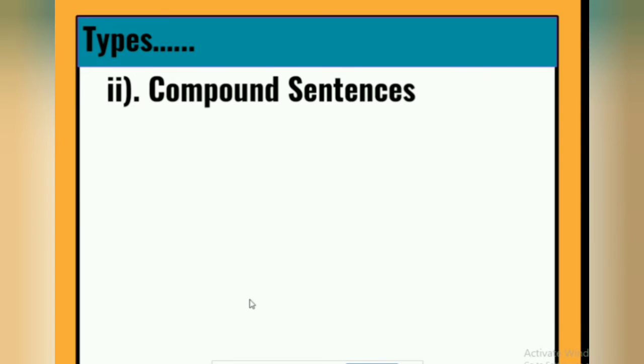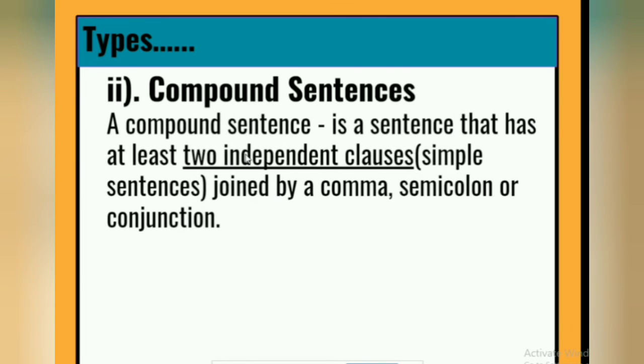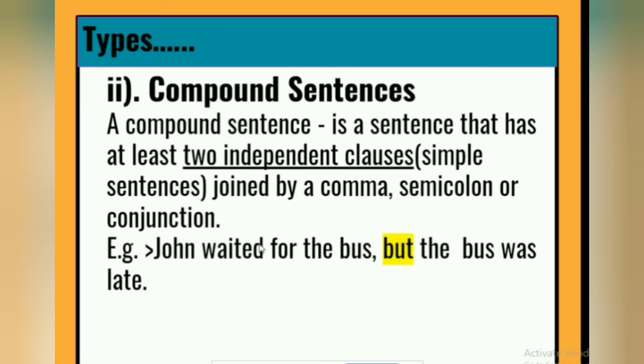Number two, we have compound sentences. What are these? A compound sentence is a sentence that has at least two simple sentences joined by a comma or semicolon or a conjunction. A conjunction is like and, but, and so forth. Now let us take one of the examples. John waited for the bus, but the bus was late.